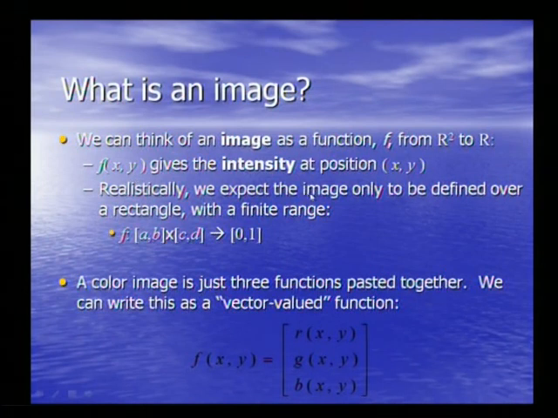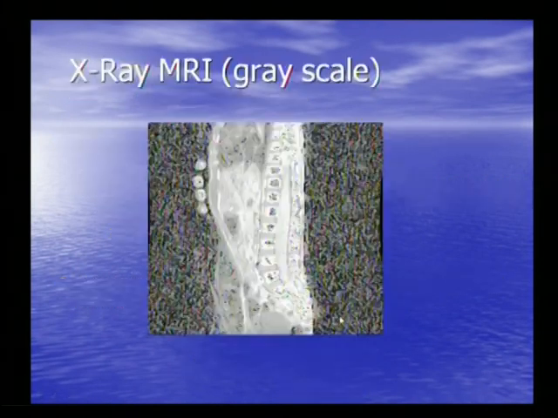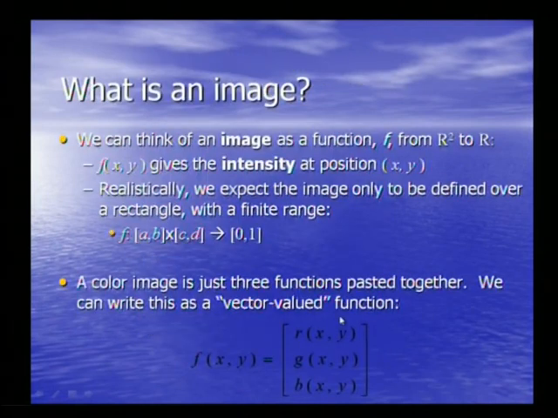Realistically, we expect the image only to be defined over a rectangle with a finite range 0 to 1, and a color image is just 3 functions pasted together. For RGB, R stands for red, G stands for green, and B stands for blue.